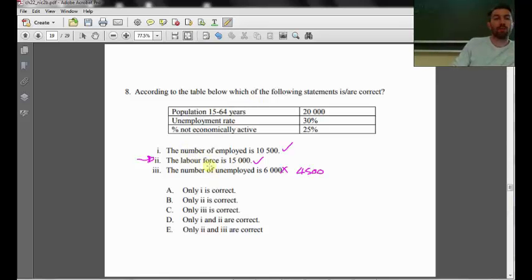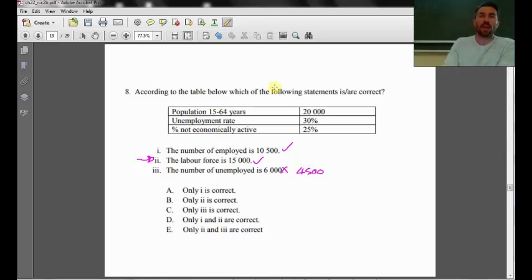So how did I get the labor force? Well, the labor force is the first part that needs to be done for this equation to be calculated. You know that the percentage of not economically active is 25%, and not economically active is the same as saying, in your diagram on page 480, not in the labor force. So you know that the percentage that is not in the labor force is 25% of the working age population, because you can see working age population is divided into labor force and not in labor force.